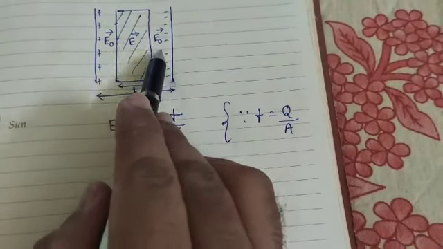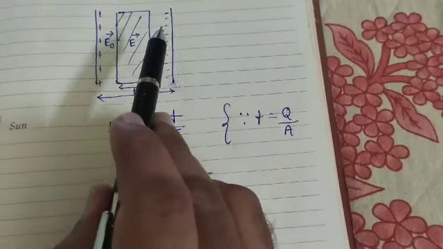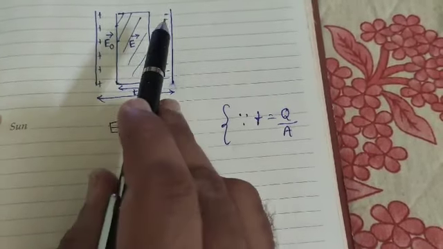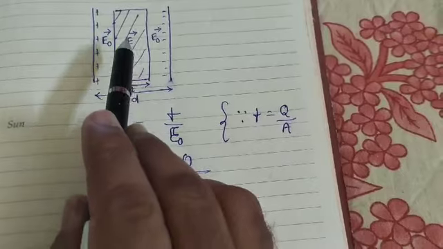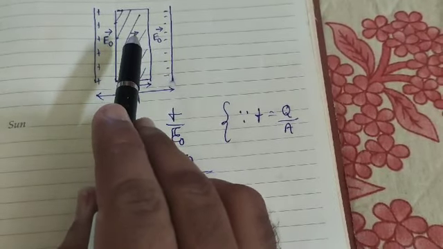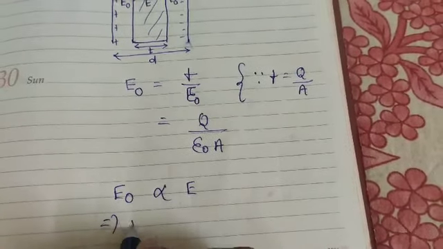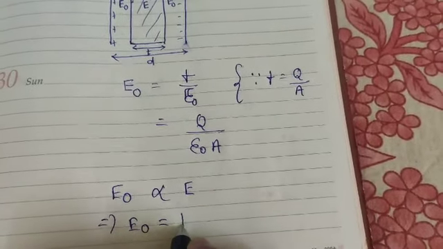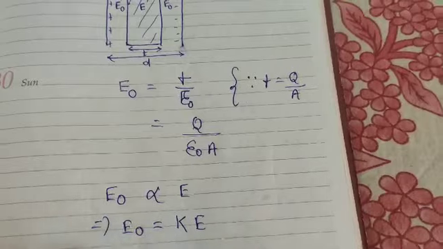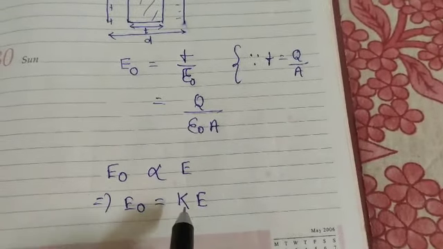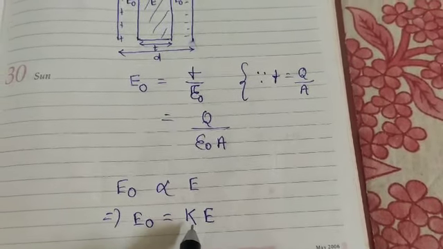This is your E naught, the electric field inside the parallel plate capacitor, that is in air, and it is directly proportional to the electric field in the slab. But how much will it be? It will be K times E, dielectric constant times.